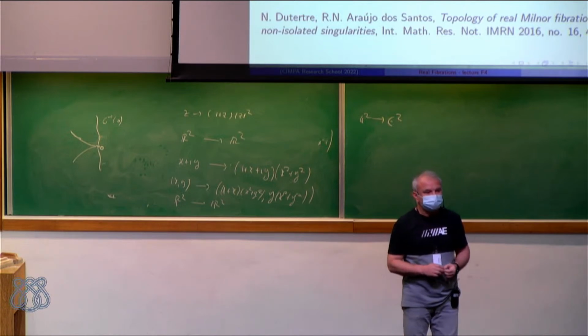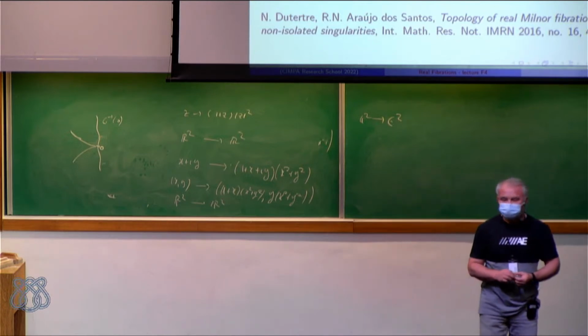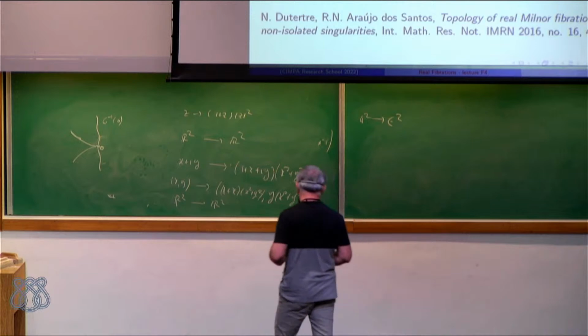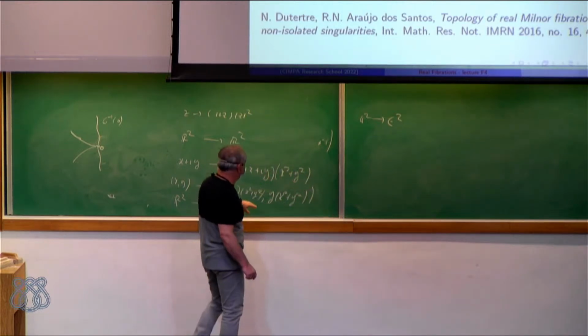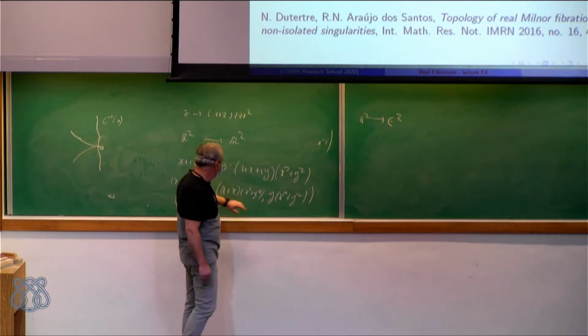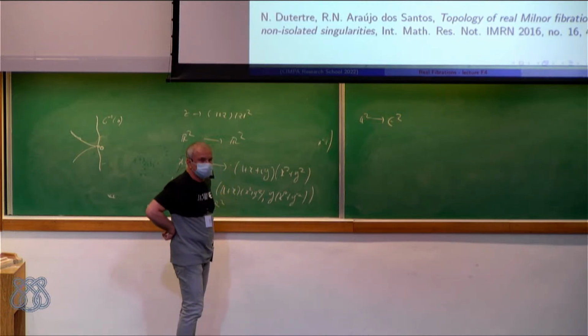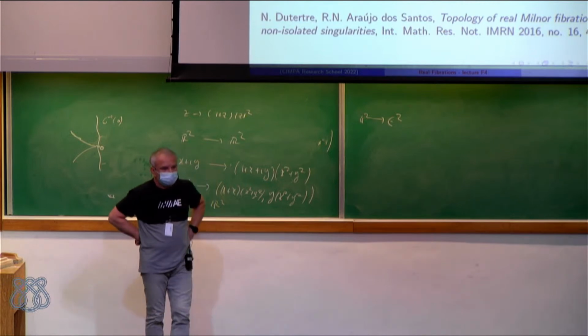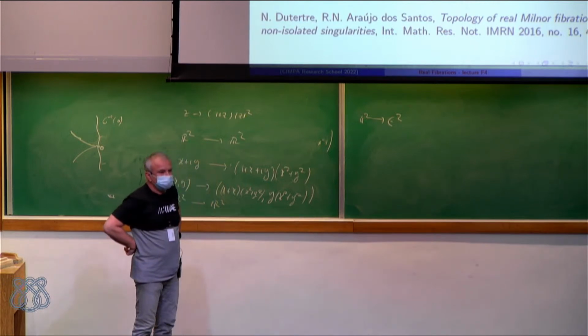So I want to comment that if you look at these kinds of complex singularities, and if the singular locus is non-isolated, then the concept of Milnor fibration is not necessarily defined. It's only defined for isolated singularities, as we saw in this morning's lecture.